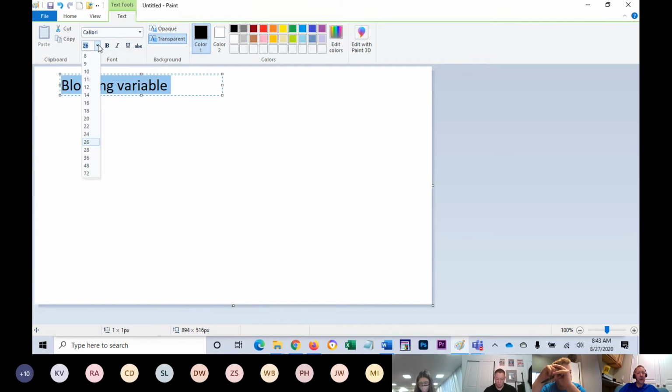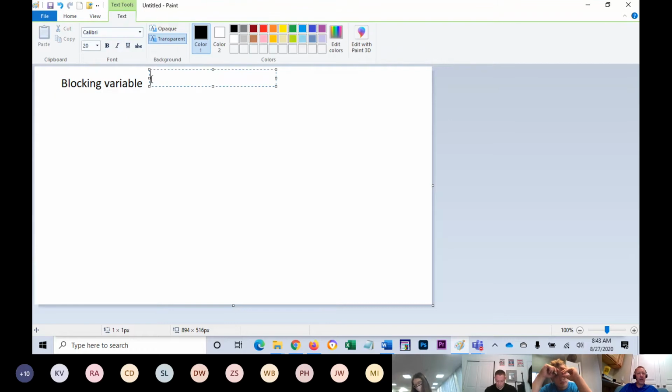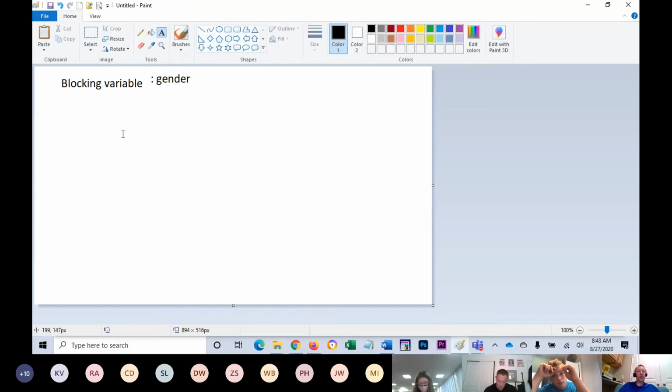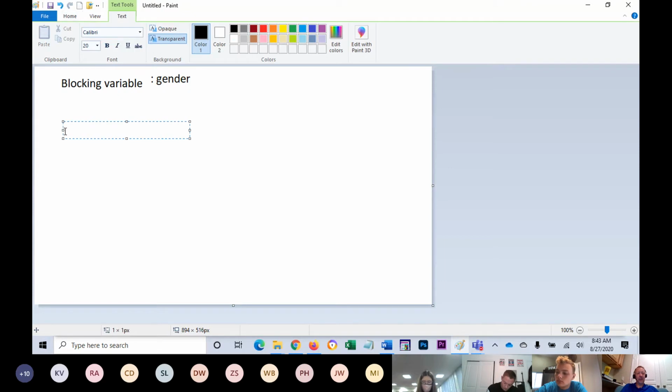The blocking variable might be, shouldn't have done that, gender. Okay. And so the easiest one to think about, and it doesn't have to be gender, is we're going to break it into men and we're going to break it into women. Okay.